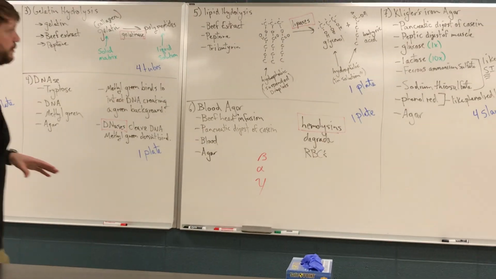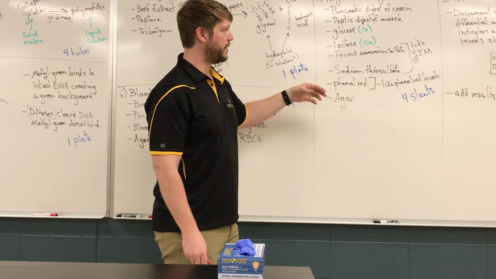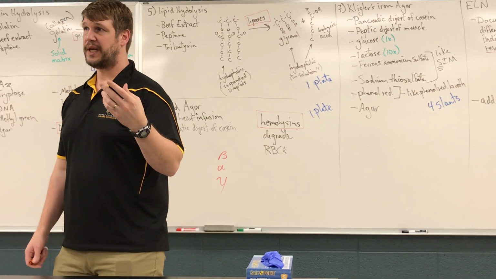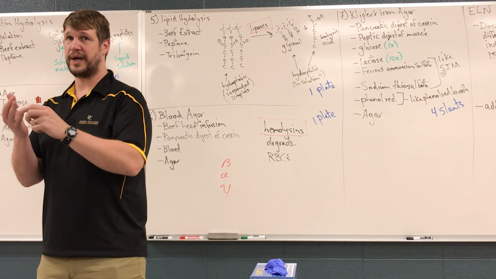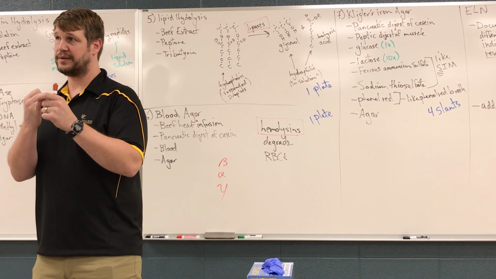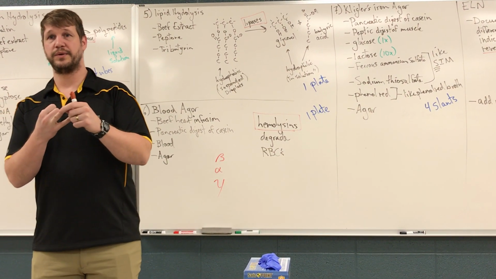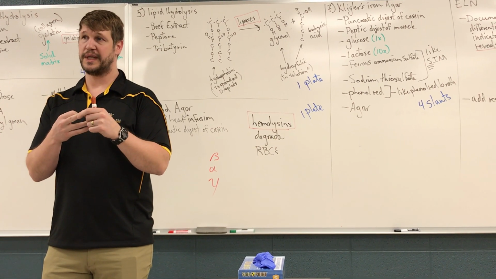So the two we've worked with before, one is SIM media, and the other is phenol red broths. So if you recall with SIM media, we were looking at sulfur indole motility media, right? The ability of organisms to degrade cysteine, produce hydrogen sulfide. The ability of organisms to degrade tryptophan, produce indole, and their motility.